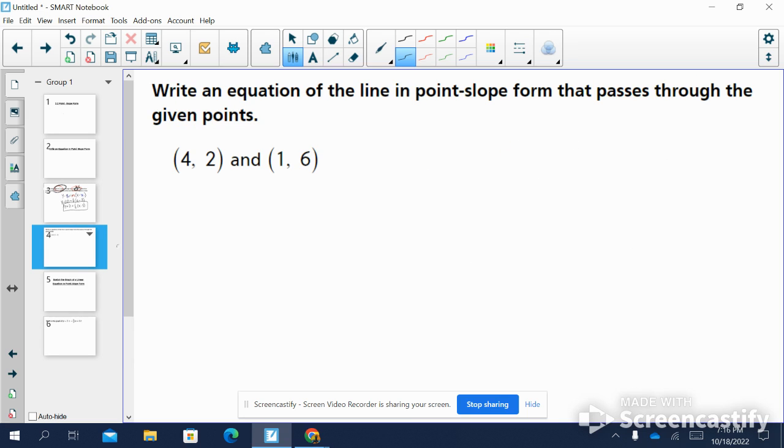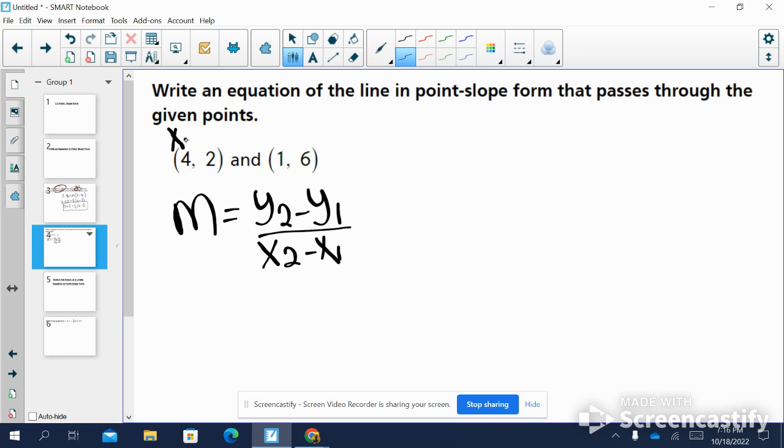Well, what if we were given 2 points? Easy. First, we need to find the slope. So just recall that the slope formula is when we take the change in the y's over the change in the x's. The vertical change over the horizontal change. Let's assign the first point x1, y1, and the second point x2, y2.